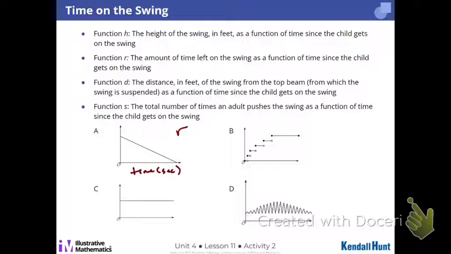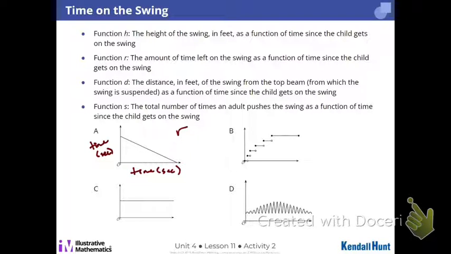It's the amount of time left. Yeah, so it's still going to be time in seconds, right? A lot of time, and then over time, there's less time. Not often do we have the same thing on the x and y axis, right? That one makes you think for a second, right? So that makes sense. They start with 30 seconds, even though there's nothing given, and then they'll go all the way down to 0 seconds. So A goes with function R.